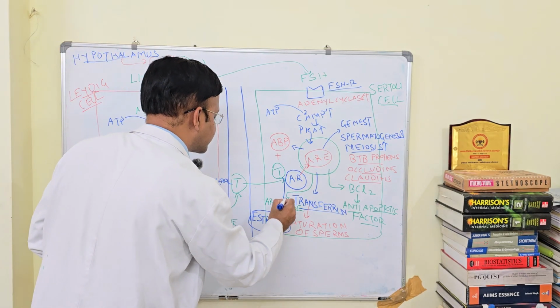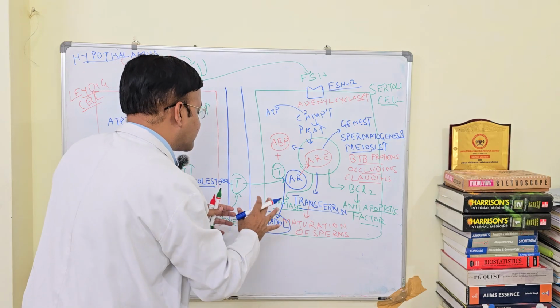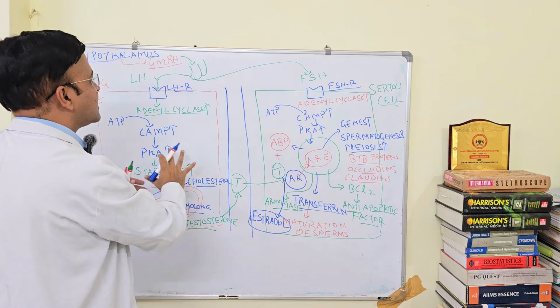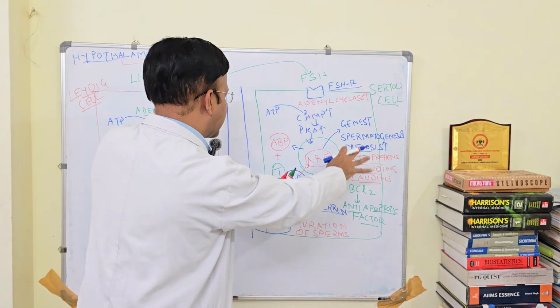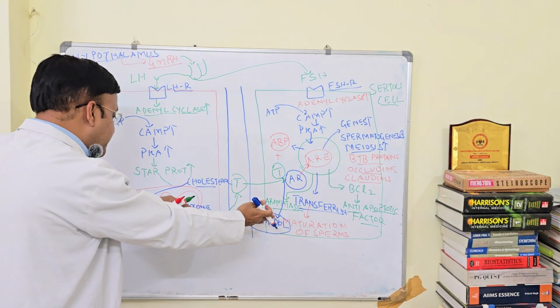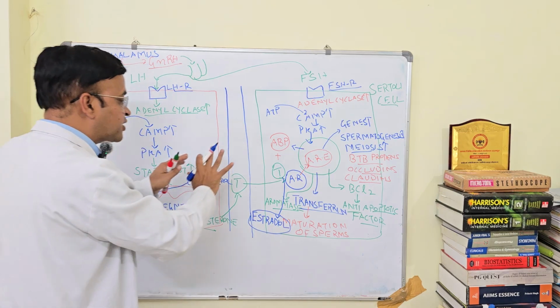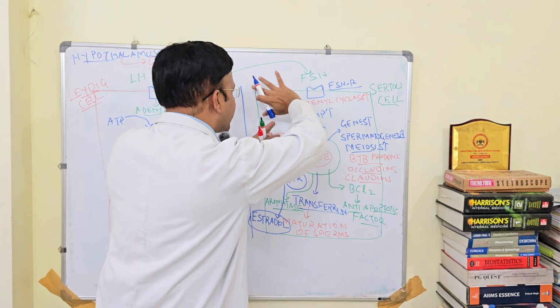Yes, estradiol is synthesized inside testis and it plays the role of a negative feedback mechanism. That means it keeps the Leydig cells under check. If more testosterone is getting synthesized, this estradiol will diffuse into the Leydig cells and try to control the process. It's a kind of negative feedback mechanism, right? So FSH, see how beautiful the whole mechanism is.